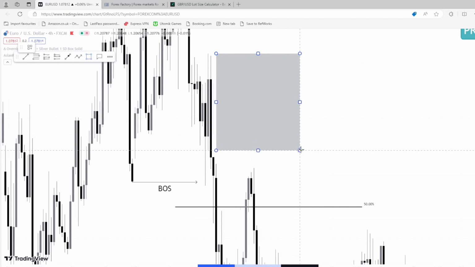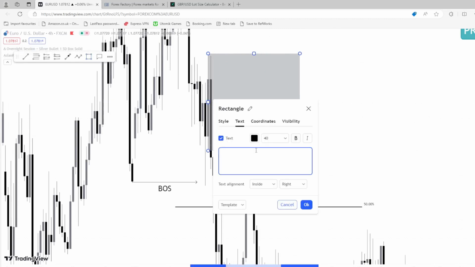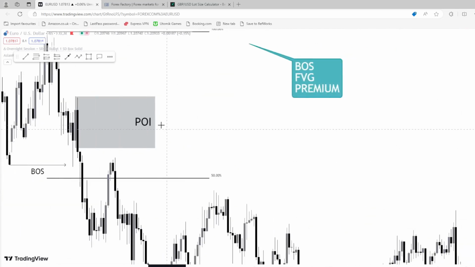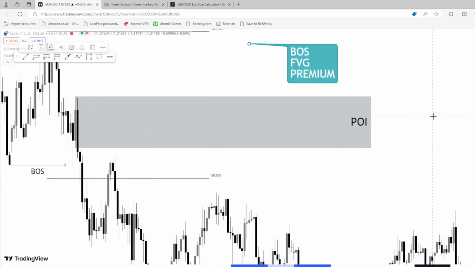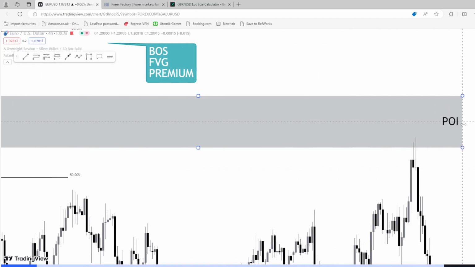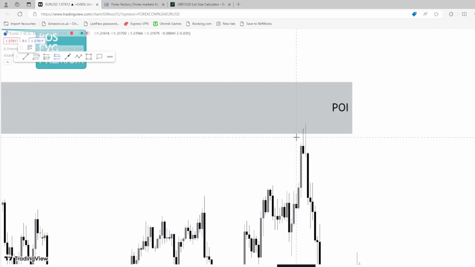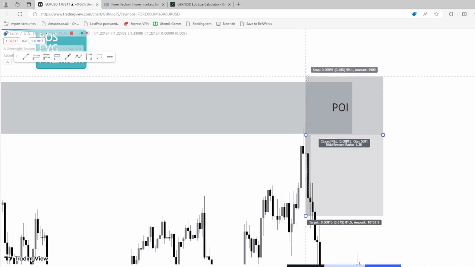So this here is a point of interest that fits the requirements. This is a POI, or a point of interest. So if I scan this over to the right of your screen, we see price tap into this POI and give us the rejection that we are currently looking for, right?